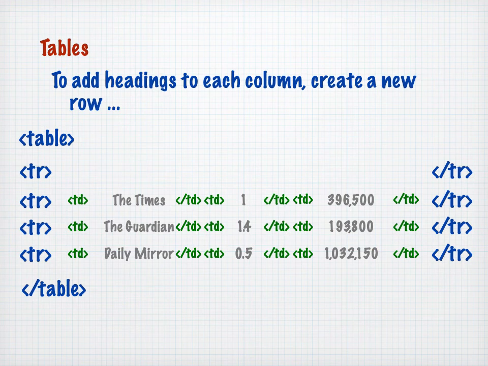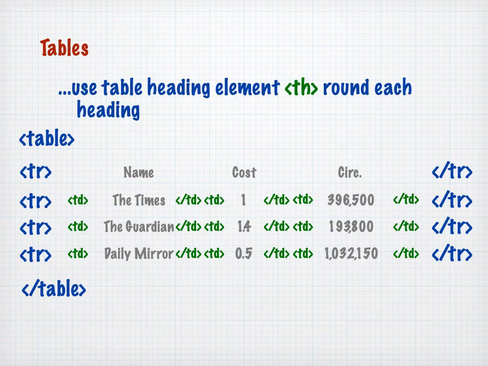But instead of inserting table data tags, what I'm going to do is insert table header tags. So it's a slightly different tag here. We're not going to use TD because TD is what we use to wrap the data up. We're going to use TH for table header element.